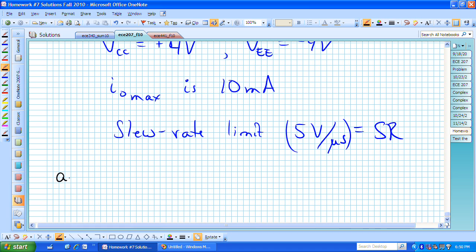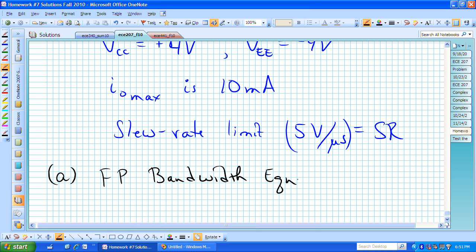In the first part of this problem, it wants us to find the full power bandwidth of the op-amp. And the full power bandwidth is really what frequency signal input will produce an unlimited output signal.